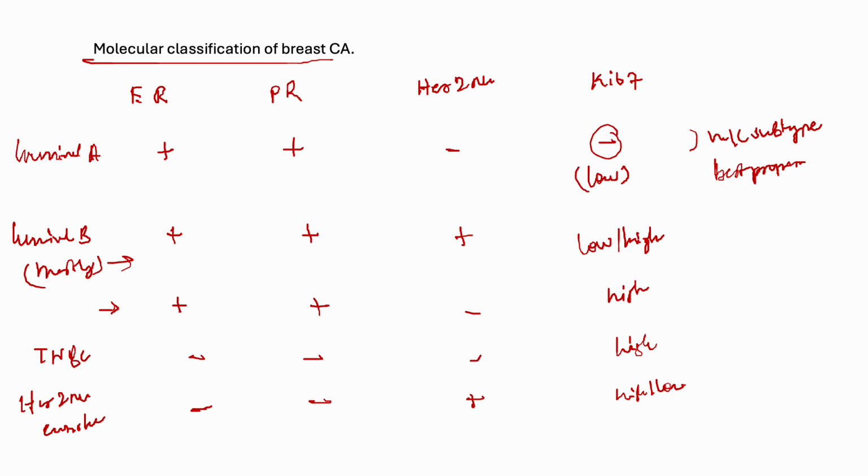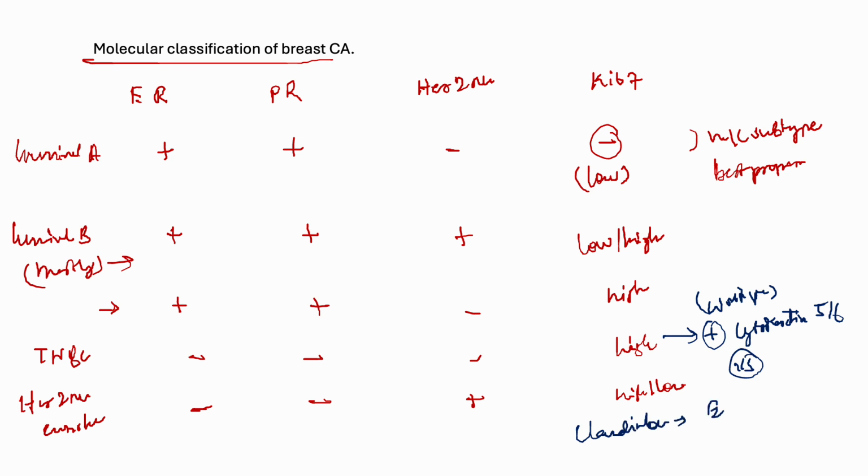Now one thing, this TNBC has the worst prognosis, and here it is positive for cytokeratin 5,6. Okay, versus there is one more subtype, that is Claudin low, that is also negative for ER, PR, HER2/neu, but negative for cytokeratin also.